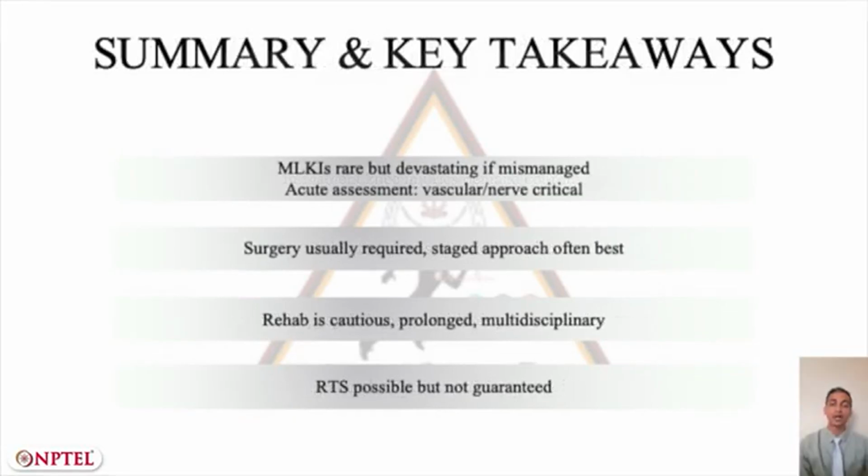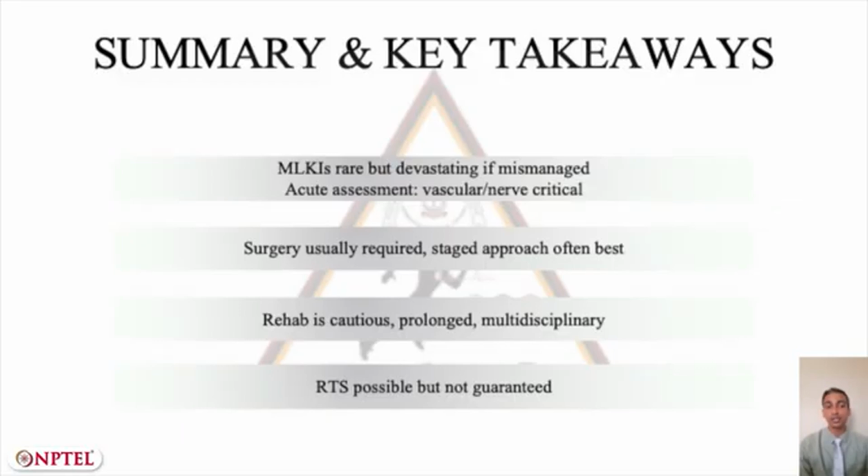With this, we come to the end of this lecture as well as week 6 in your knee injury rehab course. The key takeaways are: multi-ligament knee injuries are rare but devastating if mismanaged. For example, if acute assessment fails to recognize vascular or nerve injury, the consequences could be dire.